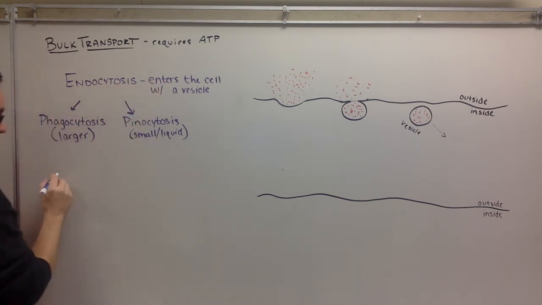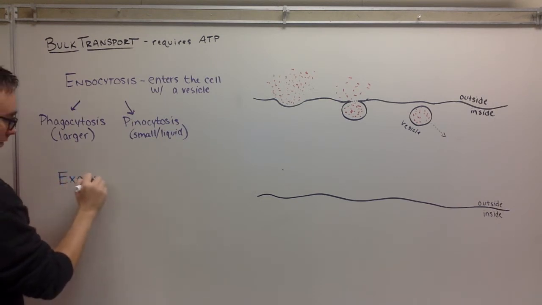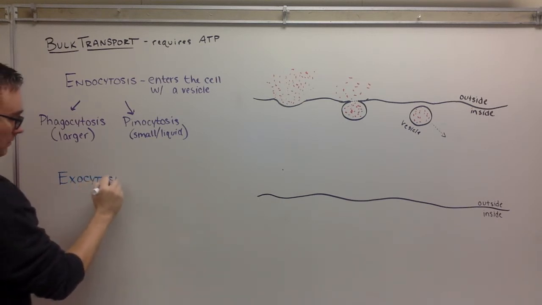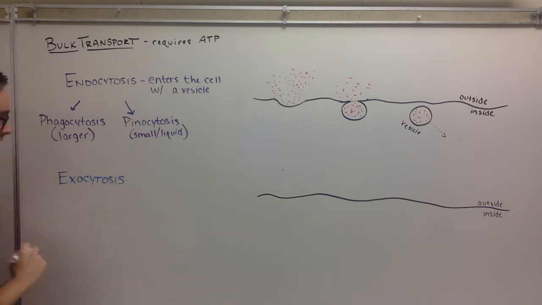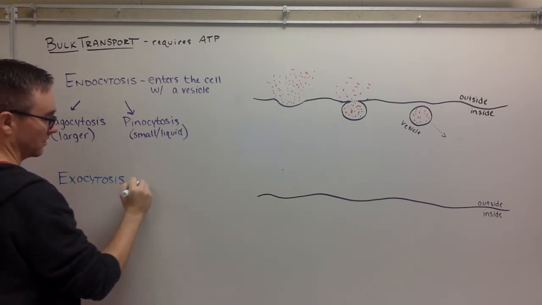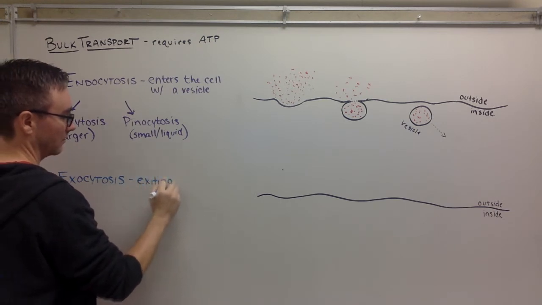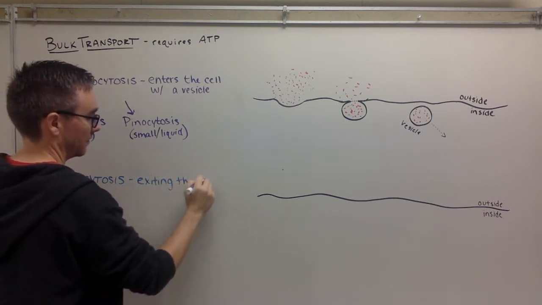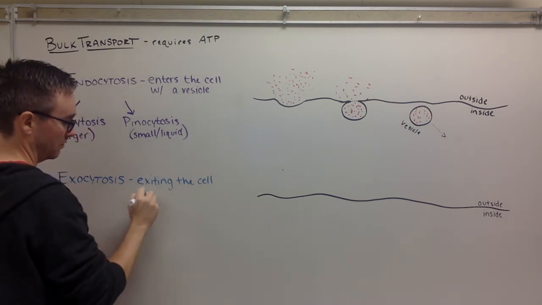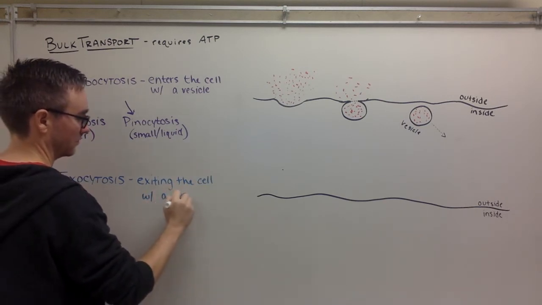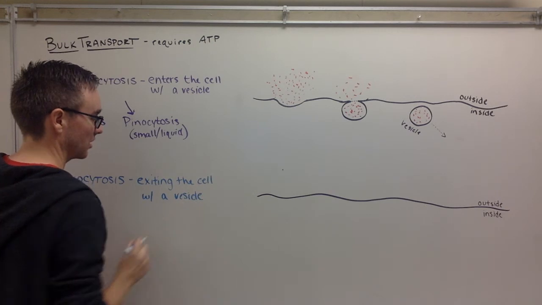This is exocytosis, which is exiting the cell with the vesicle. They're kind of opposites of each other.